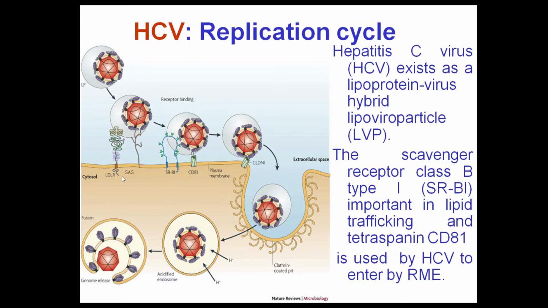The scavenger receptor class B type 1, the molecule that is important in lipid trafficking, and tetraspanin CD81 are used as receptors by hepatitis C to enter the host cell.